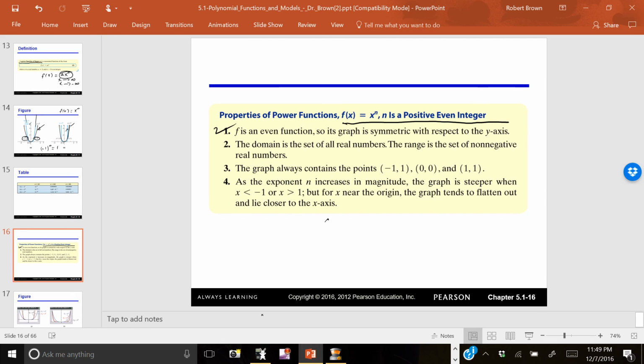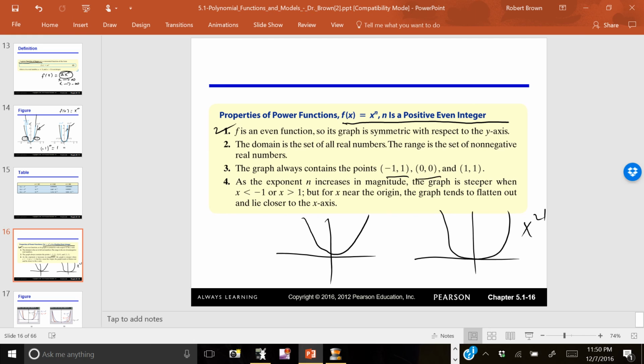For instance, x squared looks like this. x to the fourth would look like this. x to the eighth would look like that, even steeper. As we said, it always contains the points minus 1, 1, 0, 0, and 1, 1.